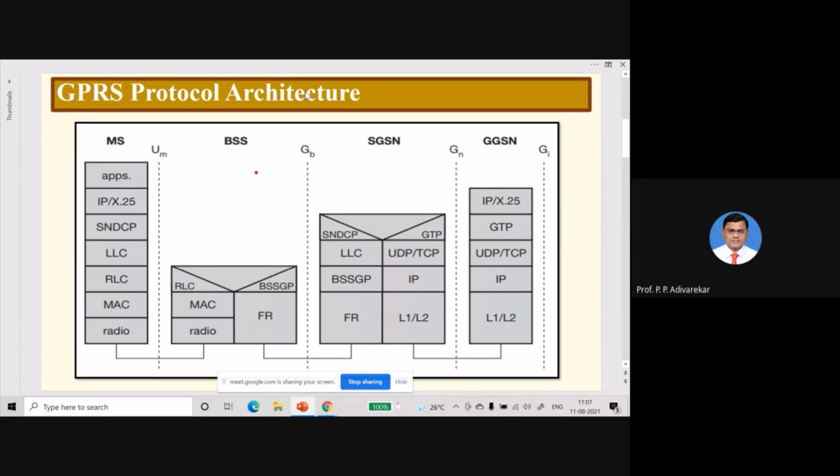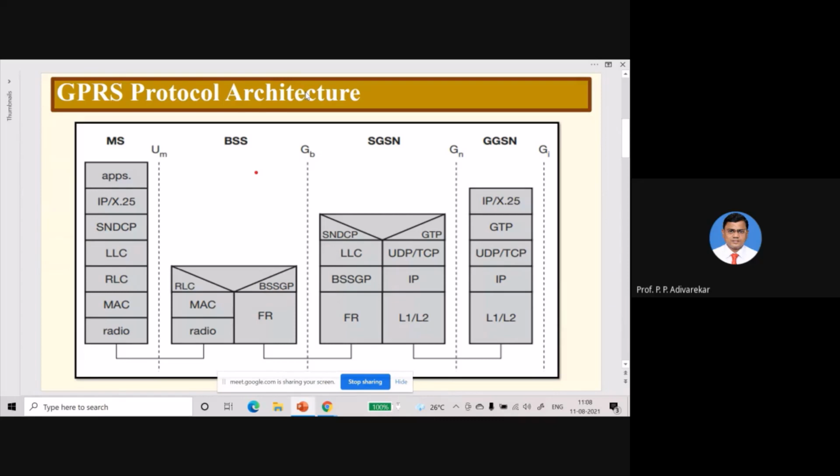So today we will see the different protocol layers or protocols that are used in the GPRS, and after that we will go forward and we will go towards the introduction of third generation, that is UMTS 3G. Okay, so we'll look at the protocol stack first, that is the protocol stack for GPRS.